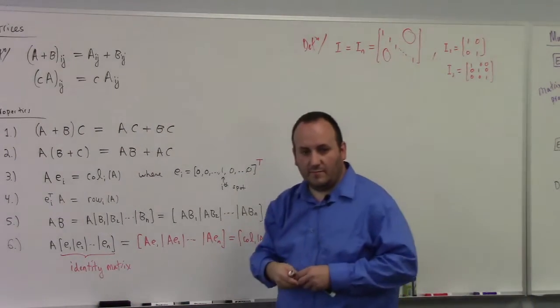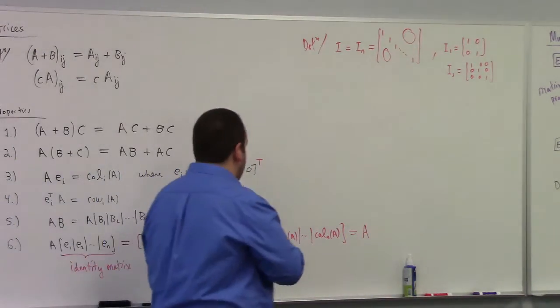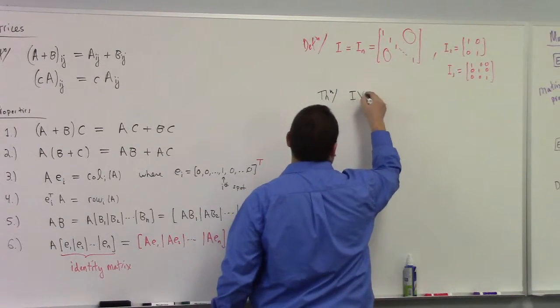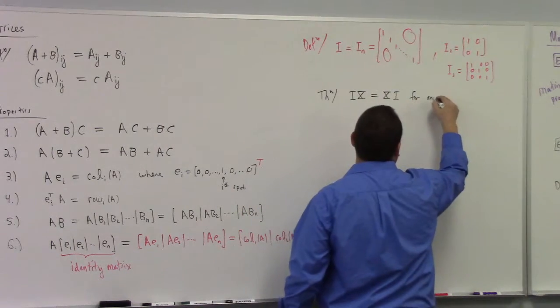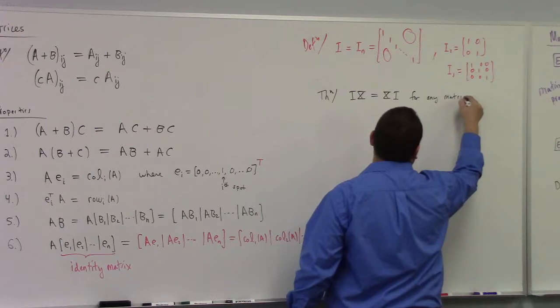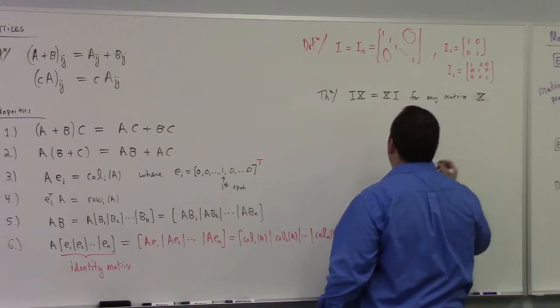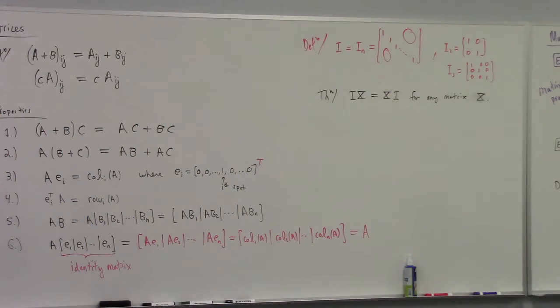This identity matrix behaves like the number 1 for matrix multiplication. A pretty easy theorem to prove is that I times X is equal to X times I for any matrix X. Of course, X has to have the size which matches the identity matrix; they have to be multipliable. I'm thinking of X as a square matrix here mostly.